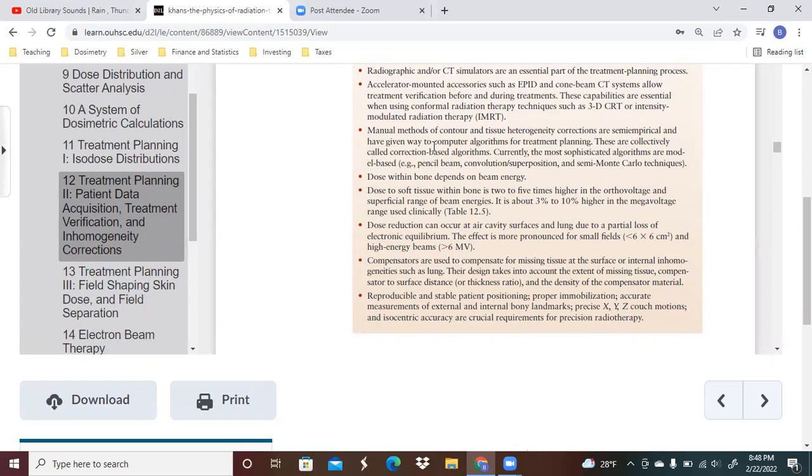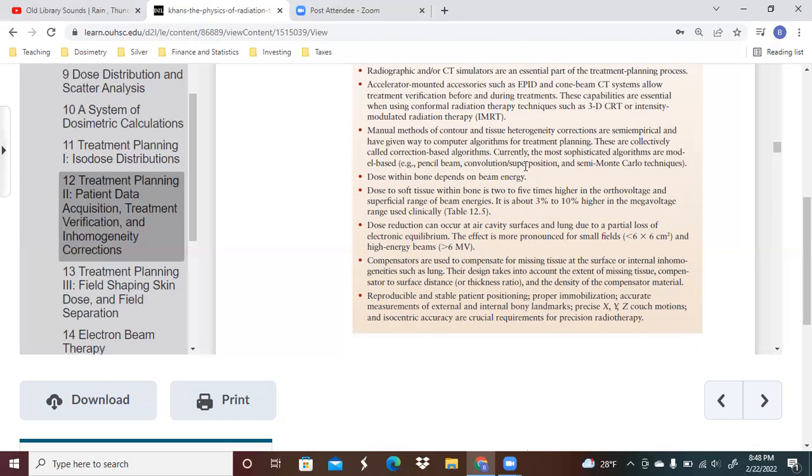There are methods of contour and tissue heterogeneity corrections. They're somewhat empirical and have given way to computer algorithms. In other words, there are certain methods within the treatment planning system in which we can determine how different the electron densities are within the patient.